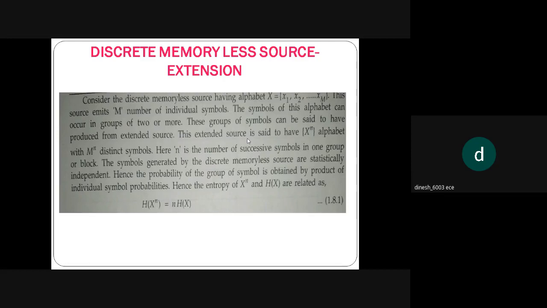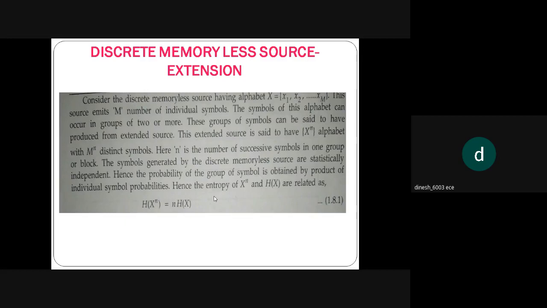If that is the case, the entropy can be related as follows: if I have n successive symbols in a group or a block, the entropy of this alphabet, X power n, is equal to n times H(X).